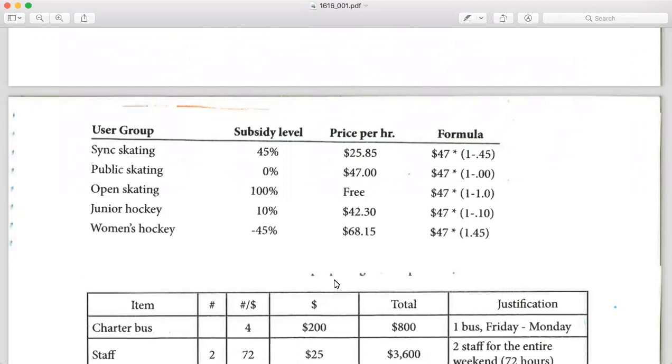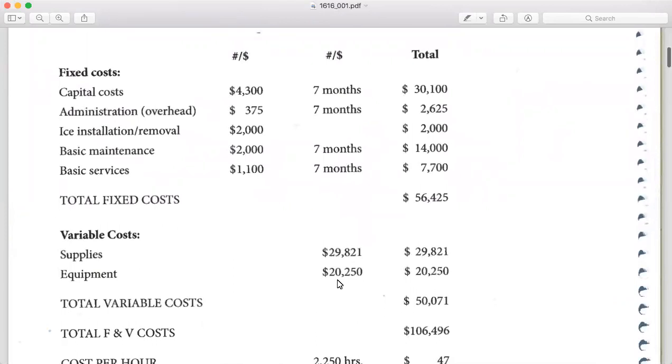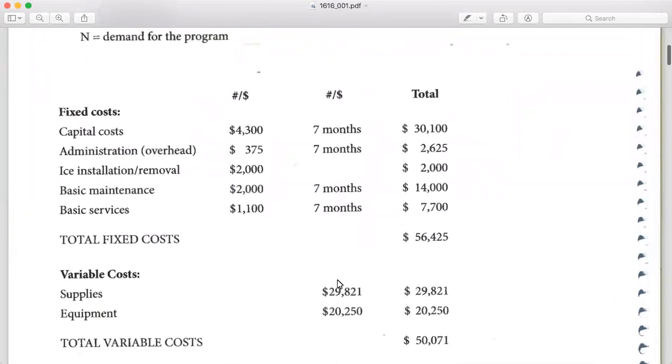So if you look back here, that's a great question. If you look back here, remember we were trying to find out what the break-even price was on the ice rink with the simplified budget.